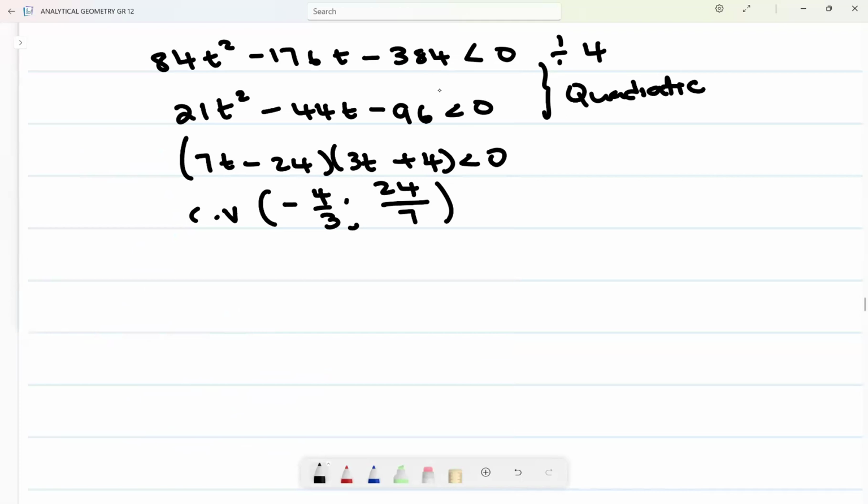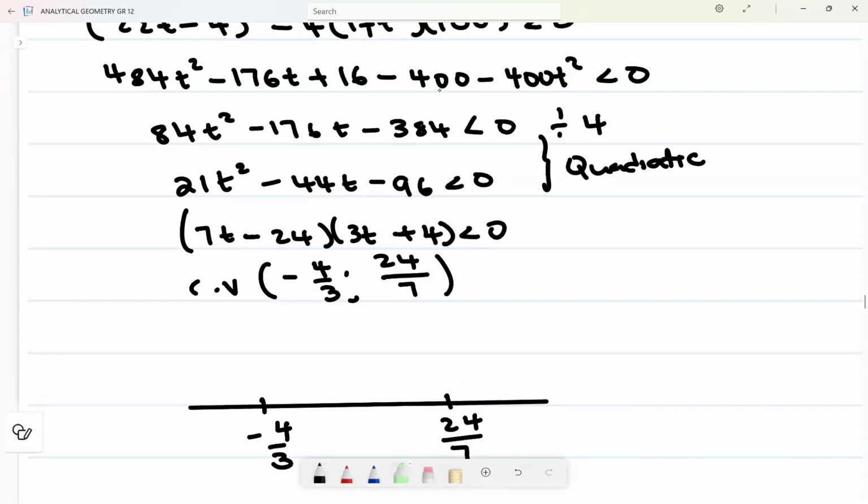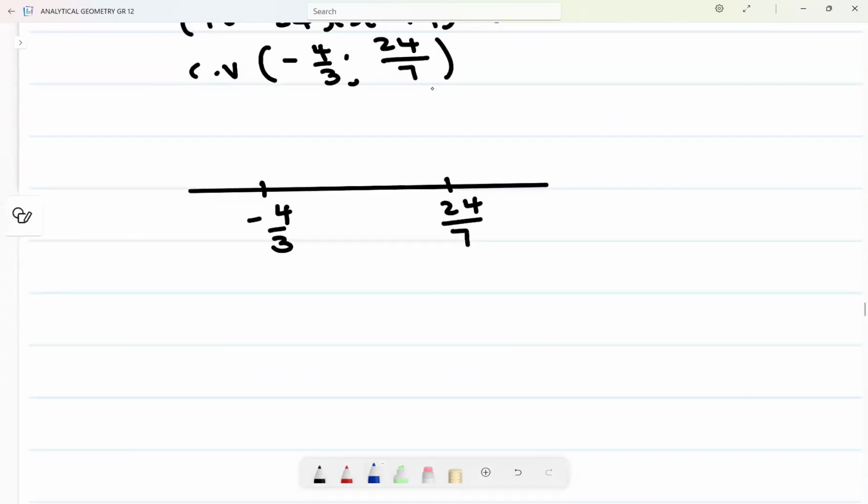And then I like to draw this myself and say, okay, here it is -4 divided by 3, and here it is 24 divided by 7. I'm having a quadratic pattern with a positive gradient, so my graph will be happy like that because a is greater than 0.